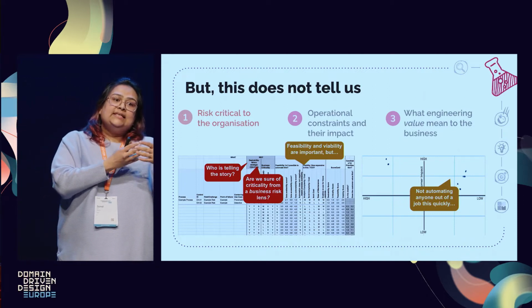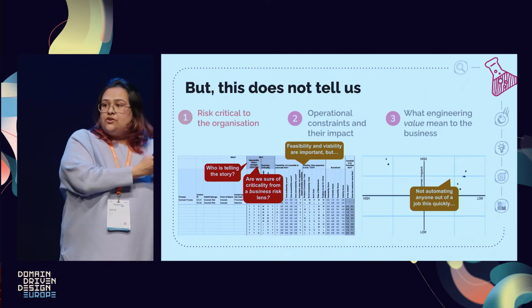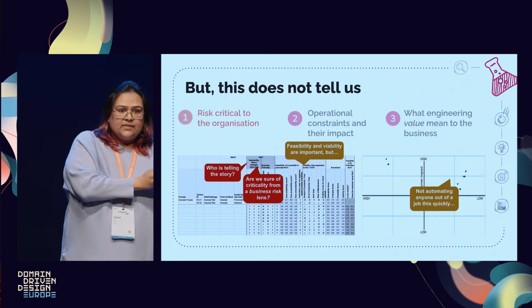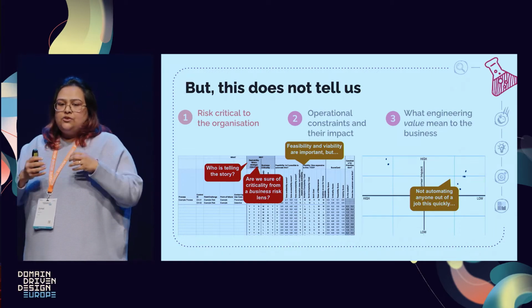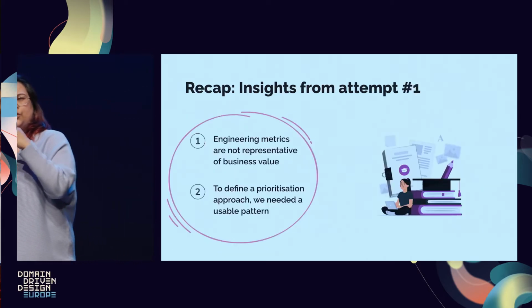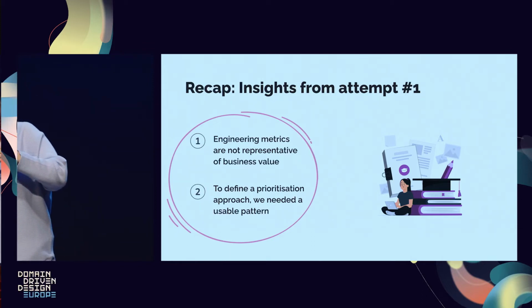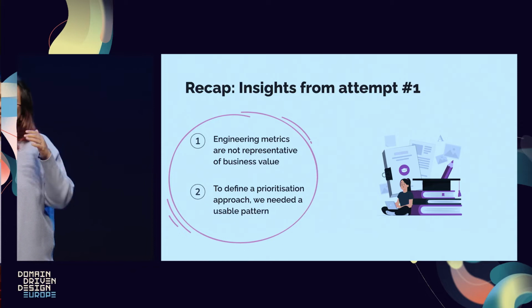It wasn't telling us the view based on the business and on what's important to the business. And so, because we don't know whose story we are telling, everything that we analyze after that point starts becoming a little less relevant to our goal.